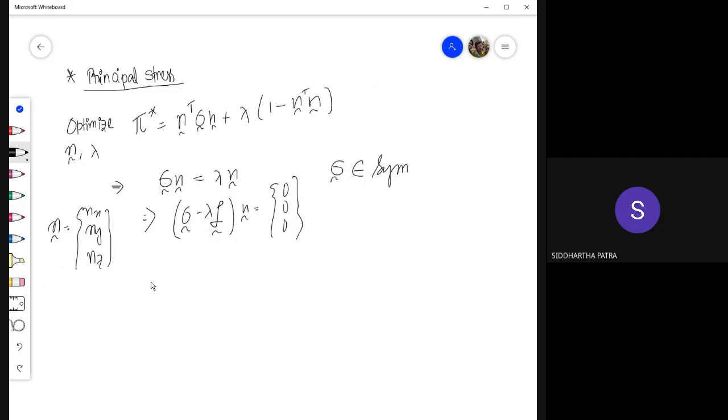So are you clear with up to this part? Yes, sir. Okay. So now you have three equations, and all are homogeneous equations. There are two possibilities. To give you an example, 5x minus 6y plus 3z equals 0.